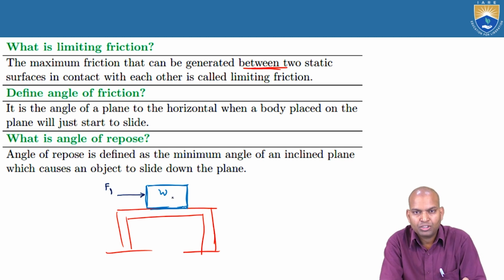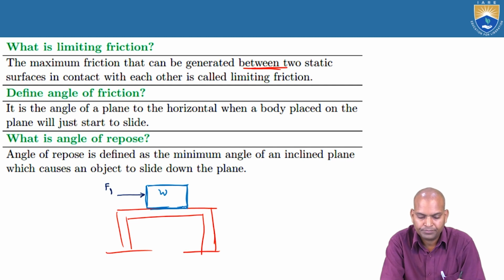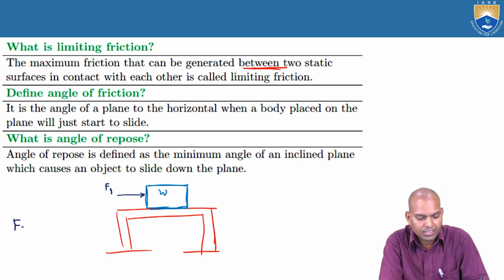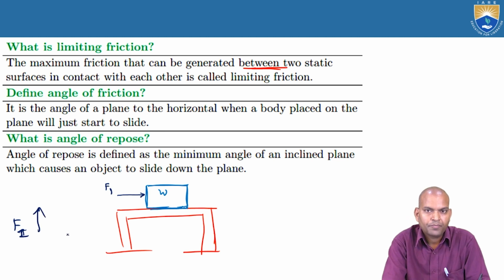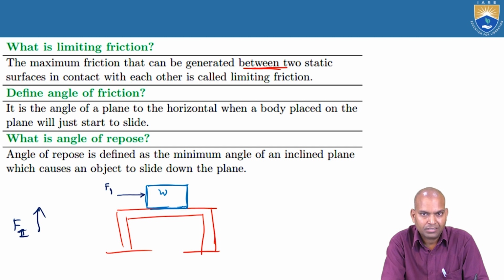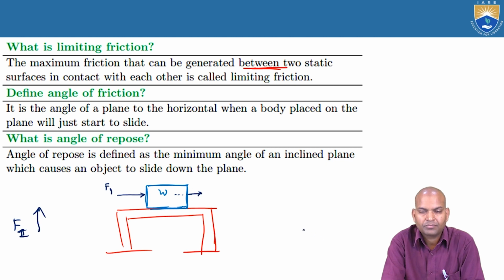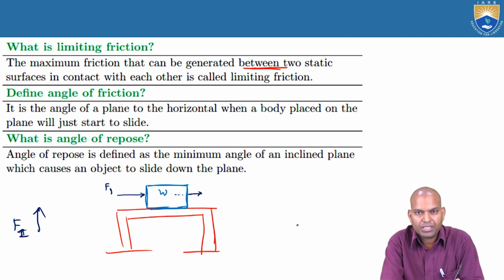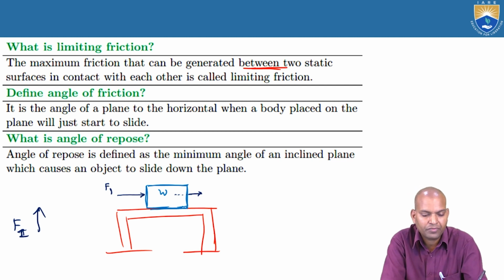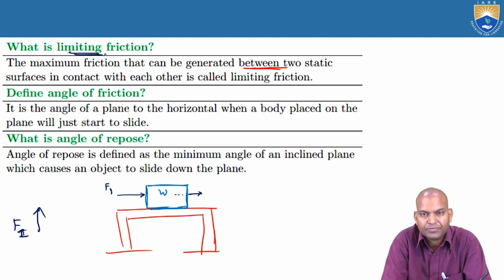The weight doesn't move. There is no motion. If we increase the F1 value, then there is a limit. At that limit, this W tends to move in this direction. The friction at that limiting force is known as the limiting friction value.